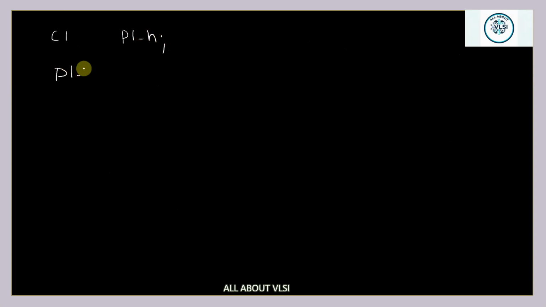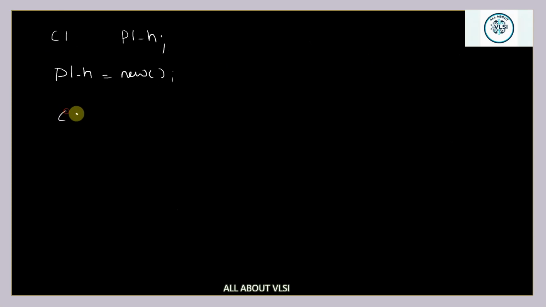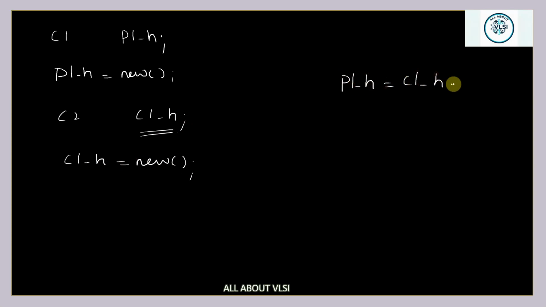Let me create an object, P1_H is equal to new. Now for my child class, I'm creating one more handle, C1_H, and creating an object for this. Now let's say I write P1_H is equal to C1_H. What do you think? Is it going to work or not? This is my case number one.